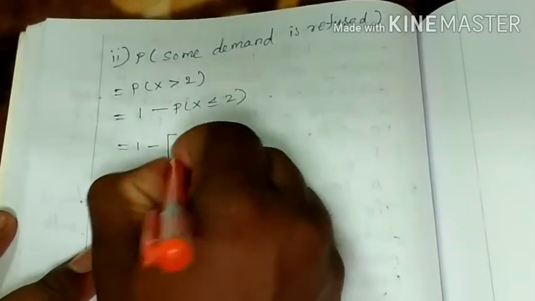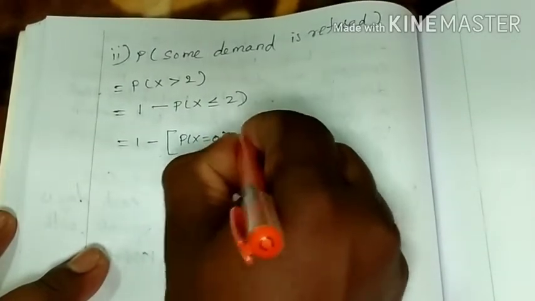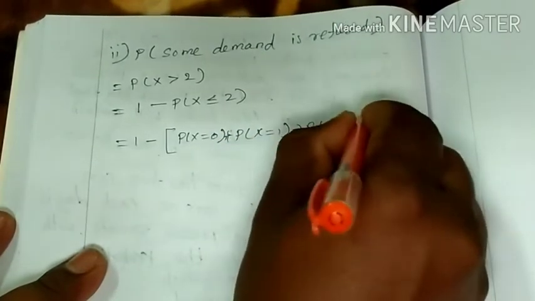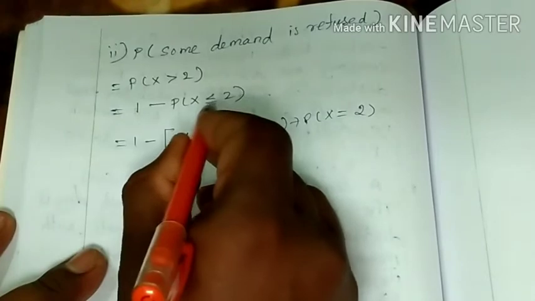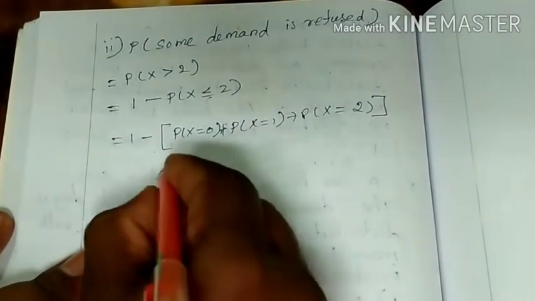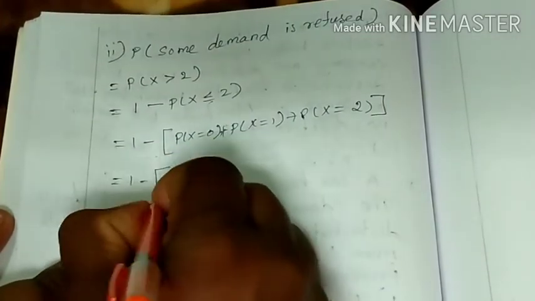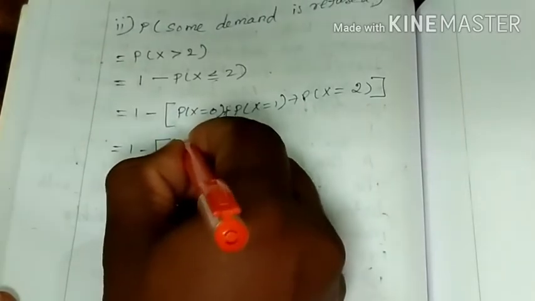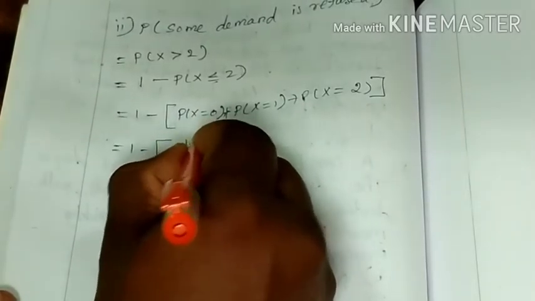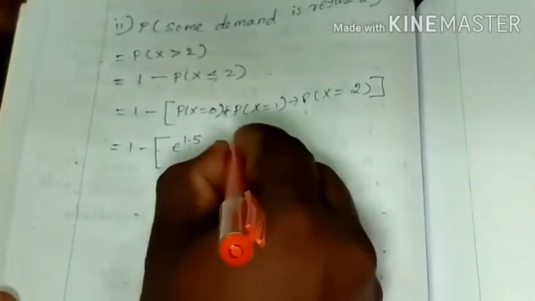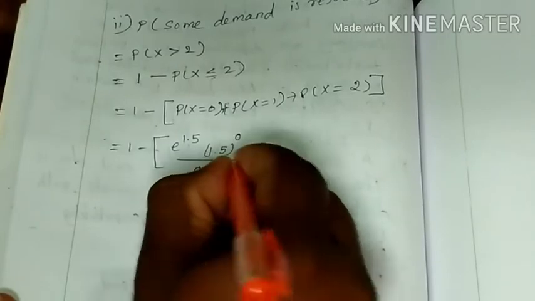The values are P of x is equal to 0, plus P of x is equal to 1, plus P of x is equal to 2, because we want to take up to 2. Then substitute the values. For P of x is equal to 0: e power minus lambda, where lambda is 1.5, that means the mean, lambda power x divided by x factorial.